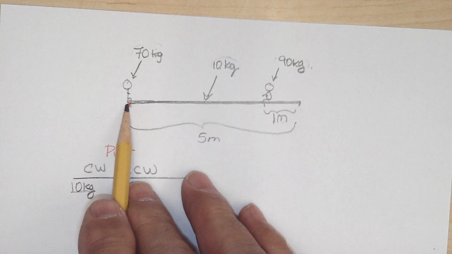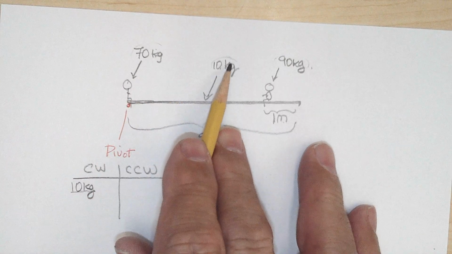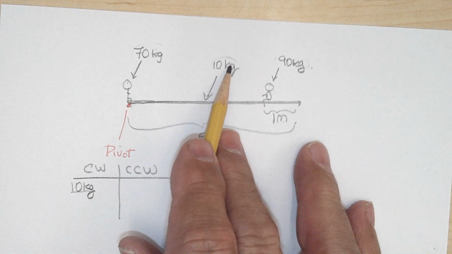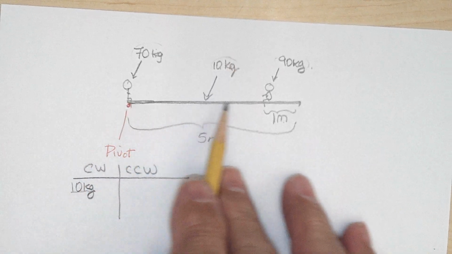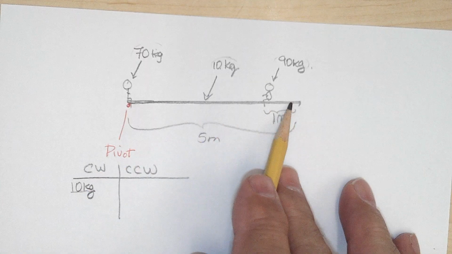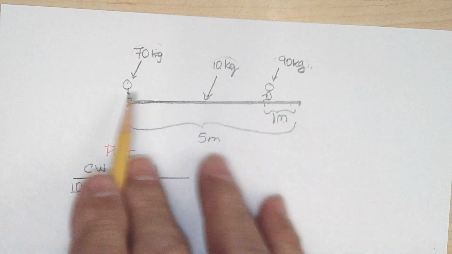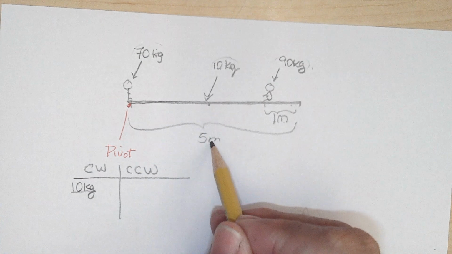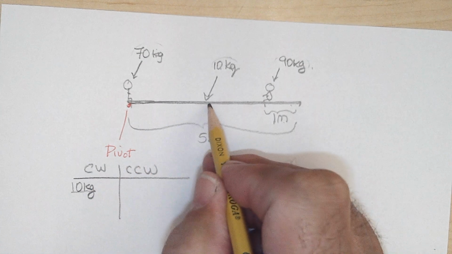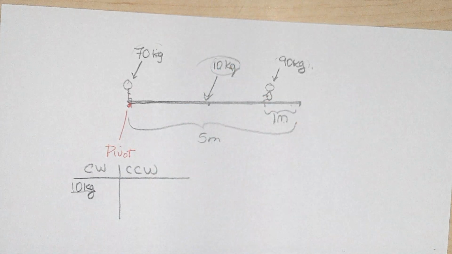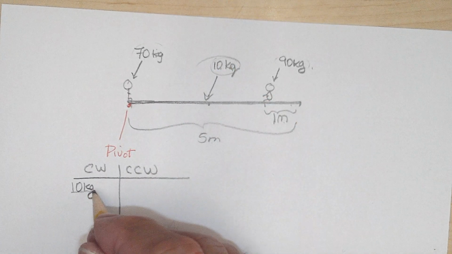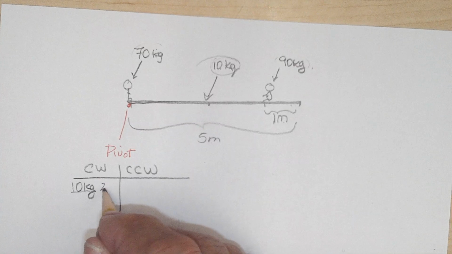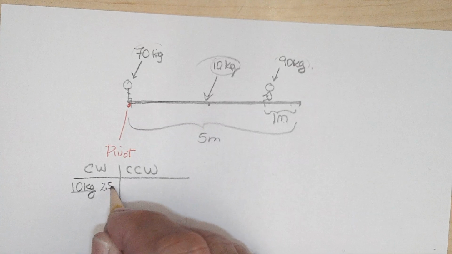It depends on how much the mass is, which controls weight, times how far out it is. Some of the plank's clear out here, some of it's right here; on average, it's at the middle. So I'm going to say the lever arm for this weight is 2.5 meters.